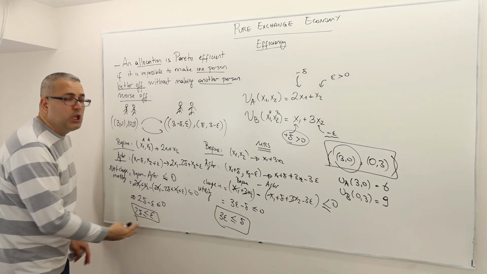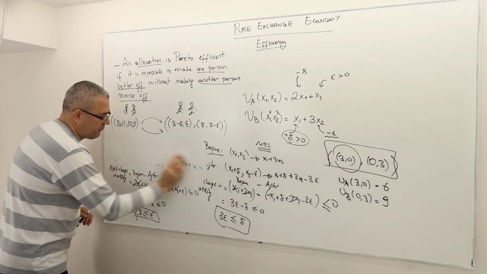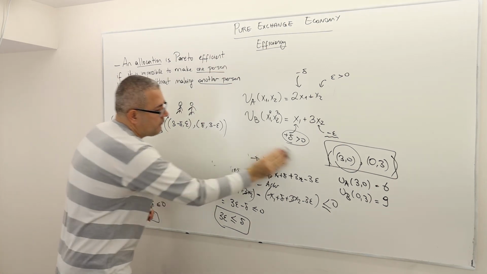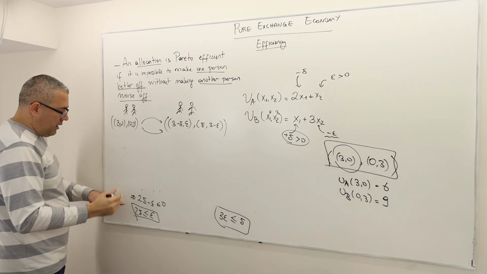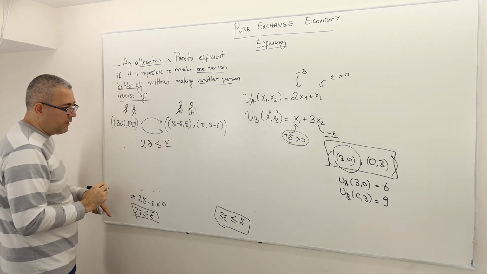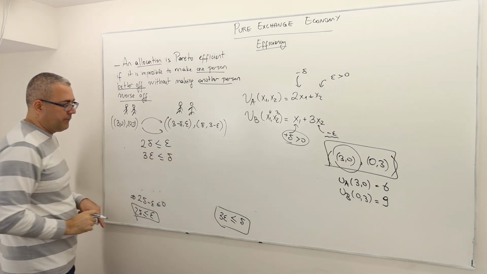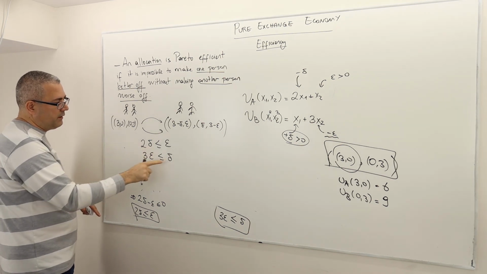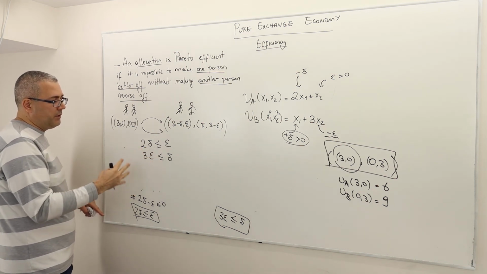Let's have a closer look at these two inequalities, all right? What do they imply? Well, they imply the following. 2 delta is less than or equal to epsilon, and 3 epsilon is less than or equal to delta. So here I have 2 delta, delta, 3 epsilon, epsilon. Let's try to make them comparable in some way.